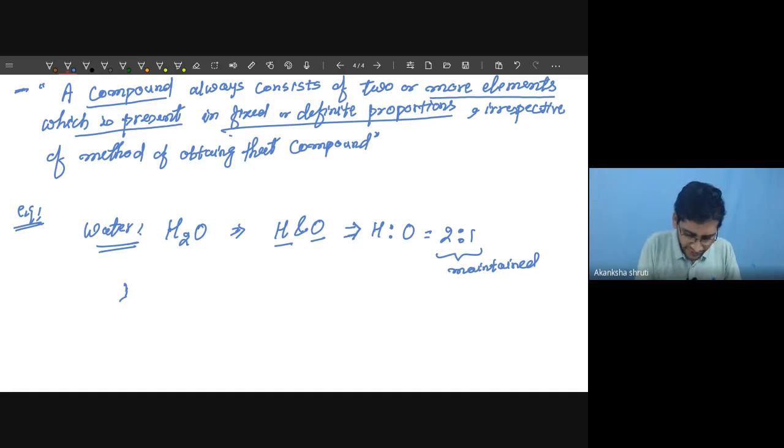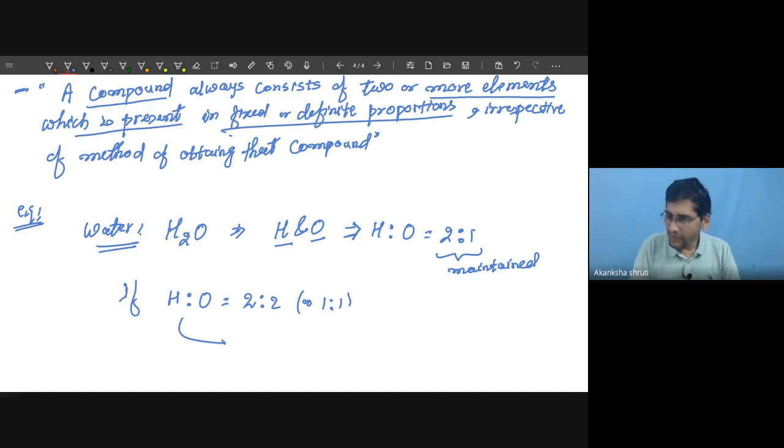So if hydrogen and oxygen are taken in the ratio of 2:2, or simplifying this, 1:1, then the molecular formula becomes, see, hydrogen is occurring 2 times, so we write H2.